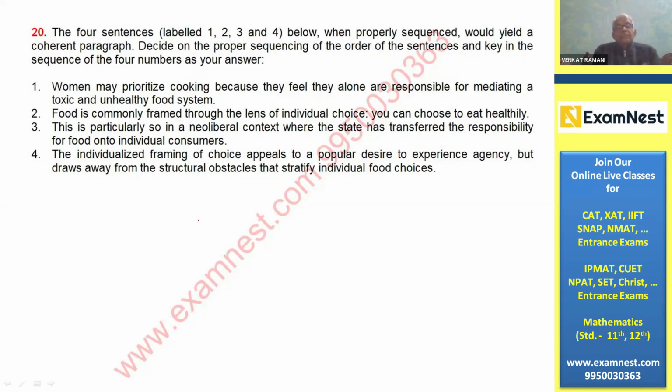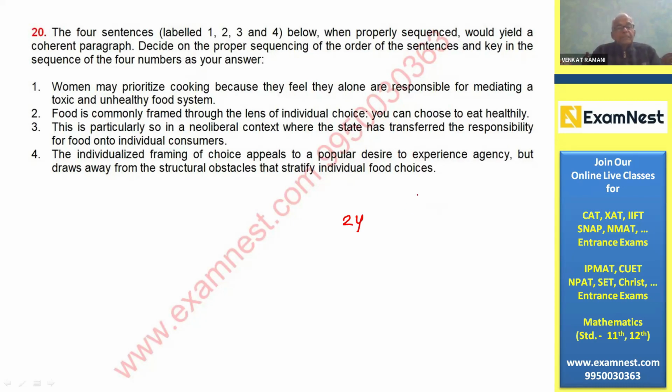Now, to my mind, and of course to your judgment also, it should click that number 2 can be the first sentence because it is a general sentence. Food is commonly framed through the lens of individual choice. So 2 is the first sentence, and 4 will follow 2 because there he talks about the individualized framing of choice, which is referenced in number 2.